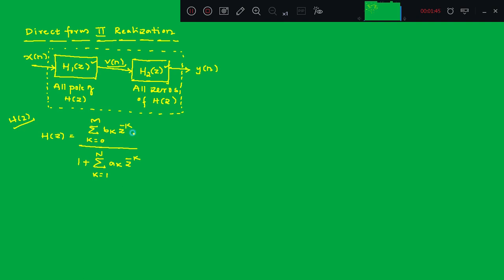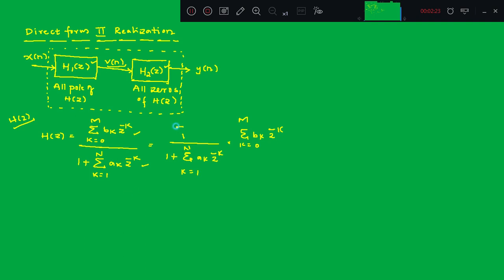So this is purely a zero polynomial, and this one is the all-pole filter, right? So if I decompose this H(z), I can write the same transfer function like this: 1 divided by 1 plus summation k equals 1 to N a_k z raised to minus k, into summation k equals 0 to M b_k z raised to minus k, right?